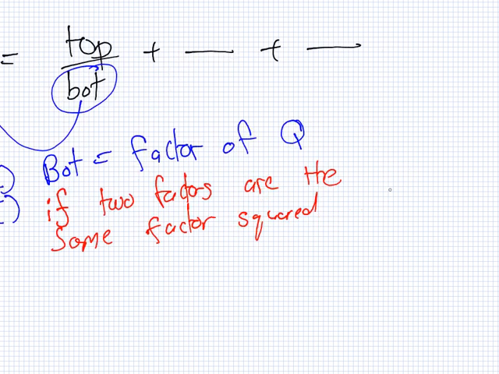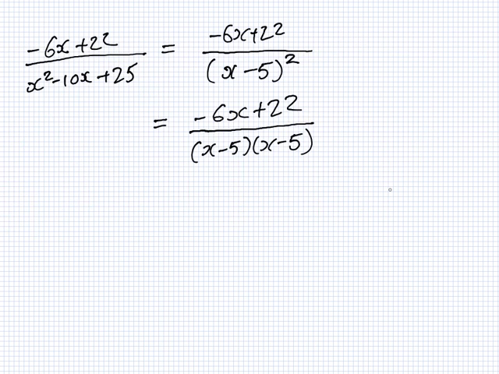So you could use x minus 5, and you can also use x minus 5 squared. And if it was 3 the same, then you would have x minus 5, x minus 5 squared, x minus 5 cubed.